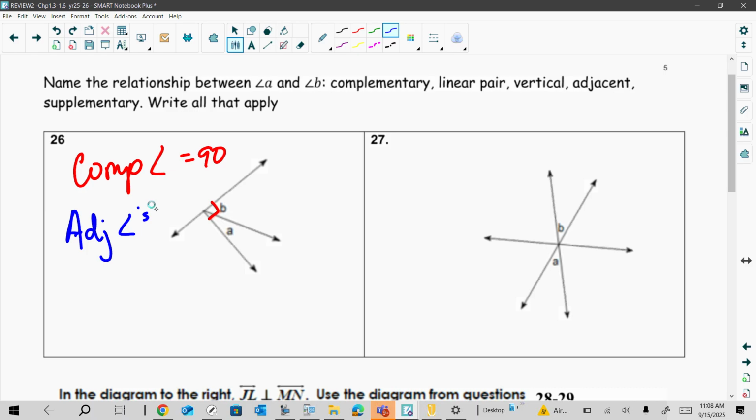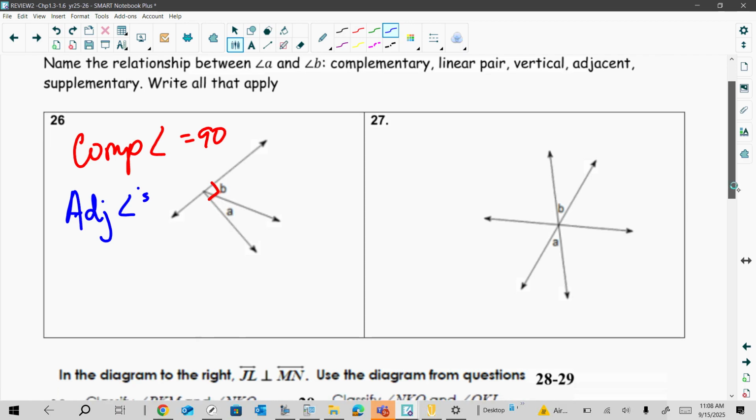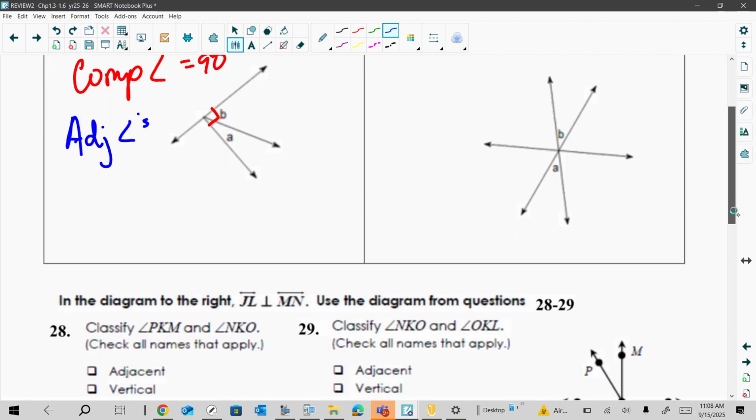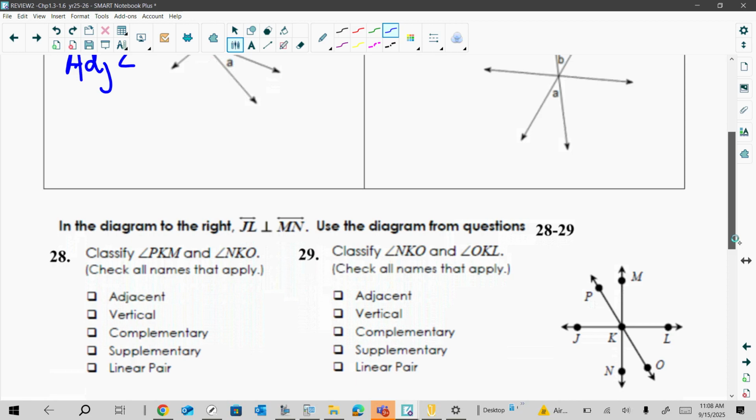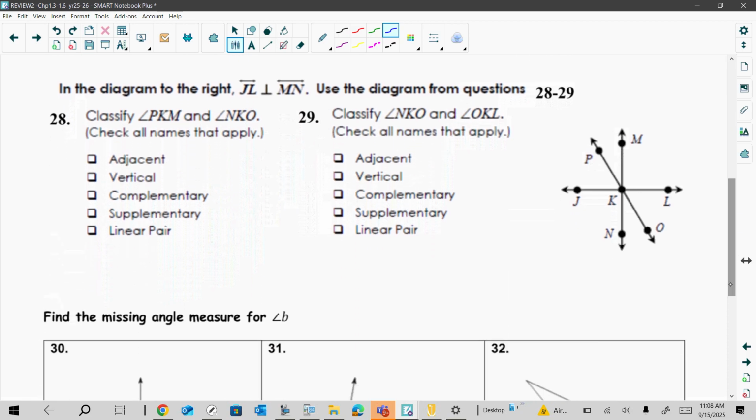You can have more than one relationship shown. 27 only has one angle pair. Yep, that's it, vertical. On 28, you do need to, in the diagram, label the fact that JL is perpendicular to MN, so we have to add the box.